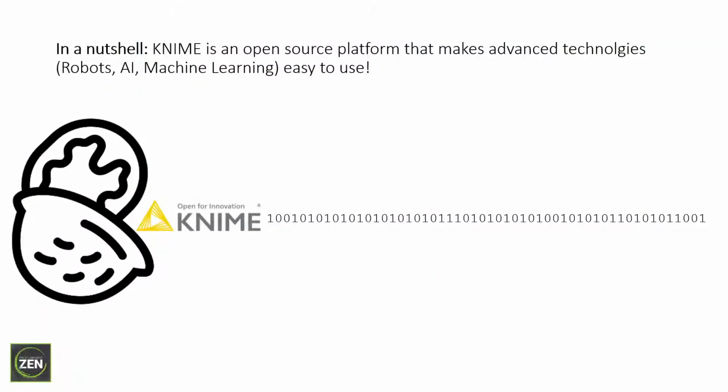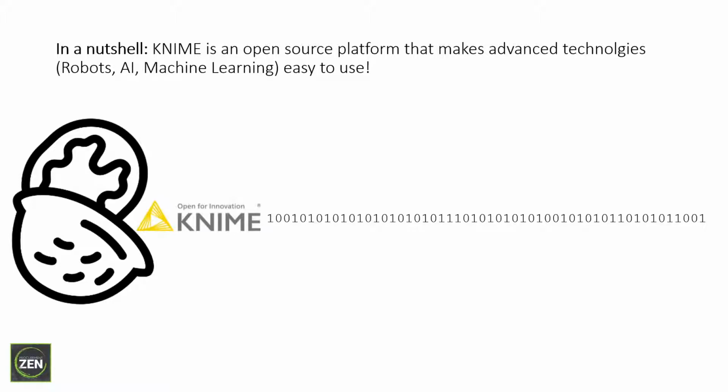So in a nutshell, Knime is an open source platform that makes advanced technologies like robots, automation, artificial intelligence or machine learning easy to use. And from my non-data scientist perspective, I think there are three main categories that are very important for the use of Knime.